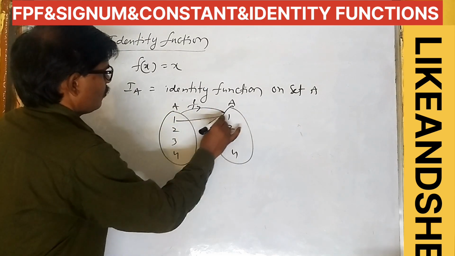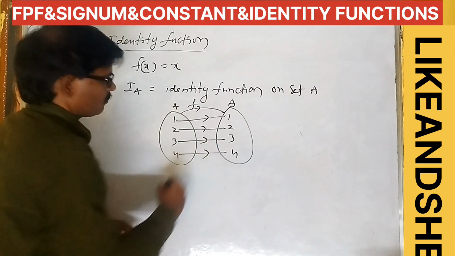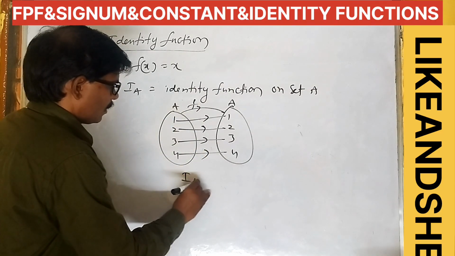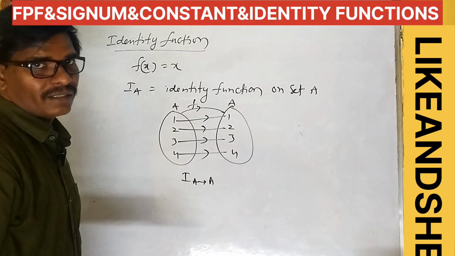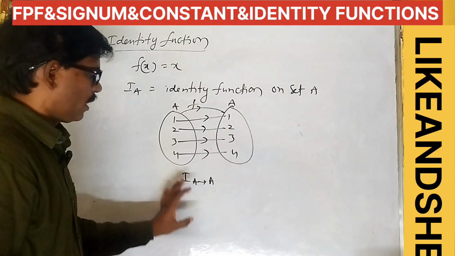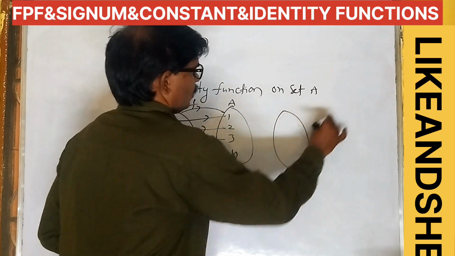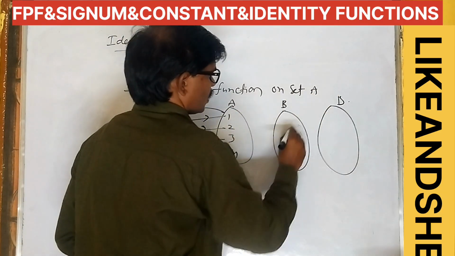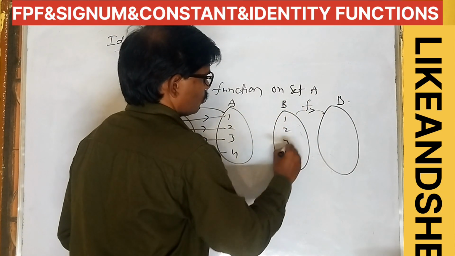This is the mapping from 1 to 1, 2 to 2, 3 to 3, and 4 to 4. This is the identity function I from A to A, which maps A to A. Next, take a set B, which is the same set: 1, 2, 3, 4.